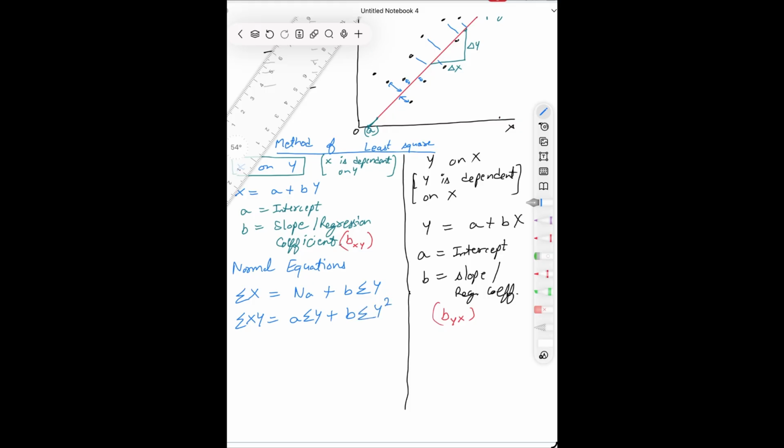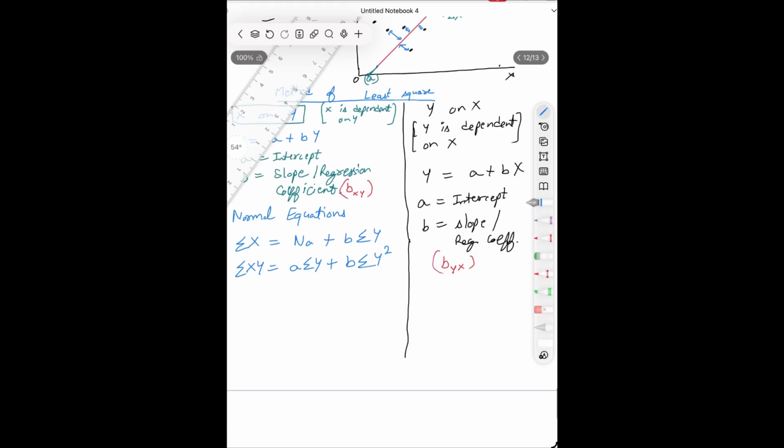Now what does it mean? I will explain one by one. Sigma x would mean sum total of variable x. Sigma y will be sum total of variable y.